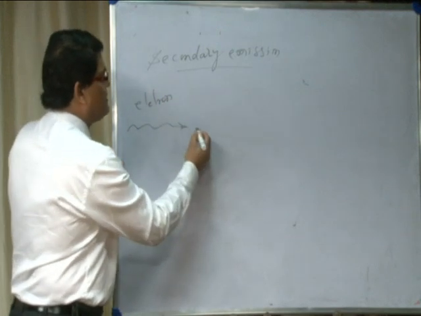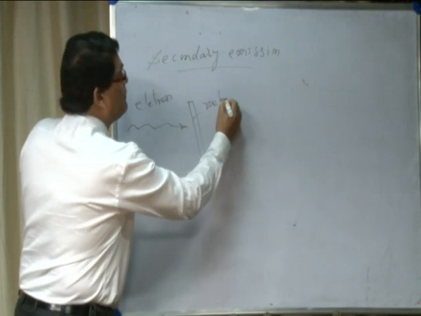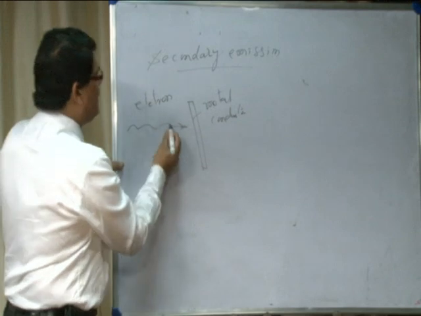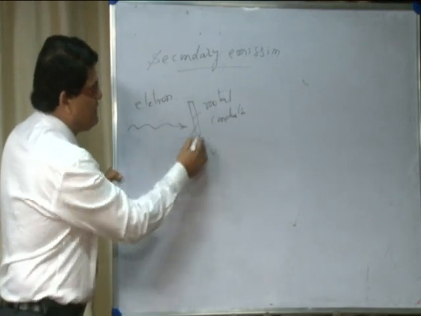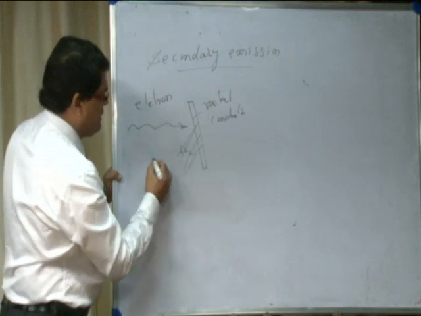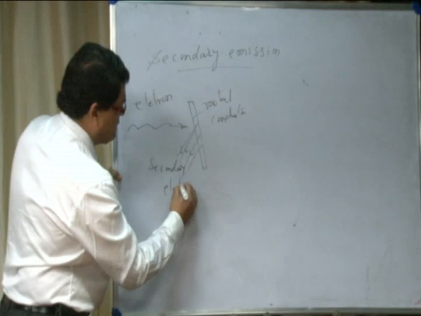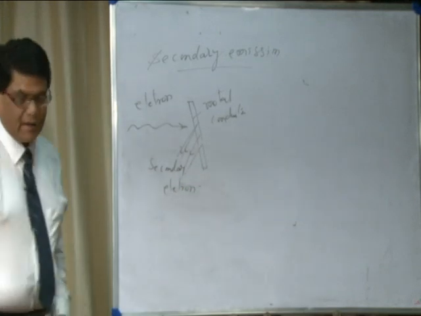If this electron falls on some other metal conductor, then as this speedy electron falls on the metal conductor, instantaneously secondary electrons are generated. These secondary electrons are released. So, this effect is called secondary emission.